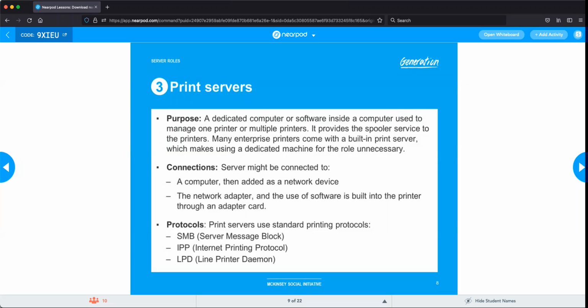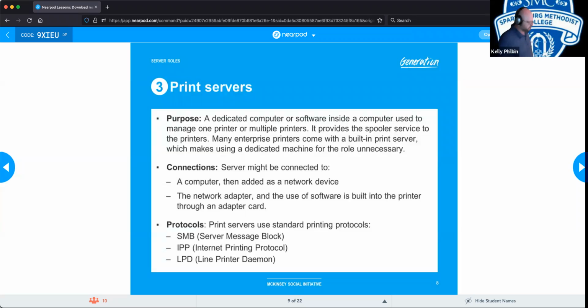The connections: the server might be connected to a computer, then added as a network device or the network adapter, and the use of software is built into the printer through an adapter card. And then the protocols: the print servers use standard printing protocols, the SMB, the Server Message Block, the IPP, the Internet Printing Protocol, and the LPD, the Line Printer Daemon.